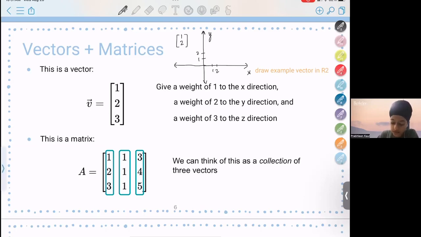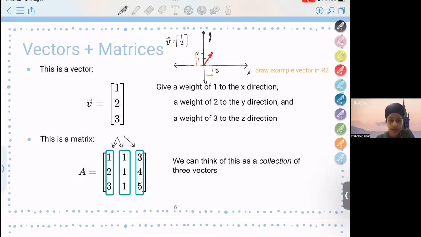So if we have this vector here, vector v, with a weight of 1 in the x direction, a weight of 2 in the y direction, you would look at this graph and be like, okay, it's 1 in this direction, 2 in this direction. And so the actual vector would be over here, like so. For us, usually we just think of it as a list of numbers and they're usually related somehow. So a matrix is a collection of 3 vectors in this example.